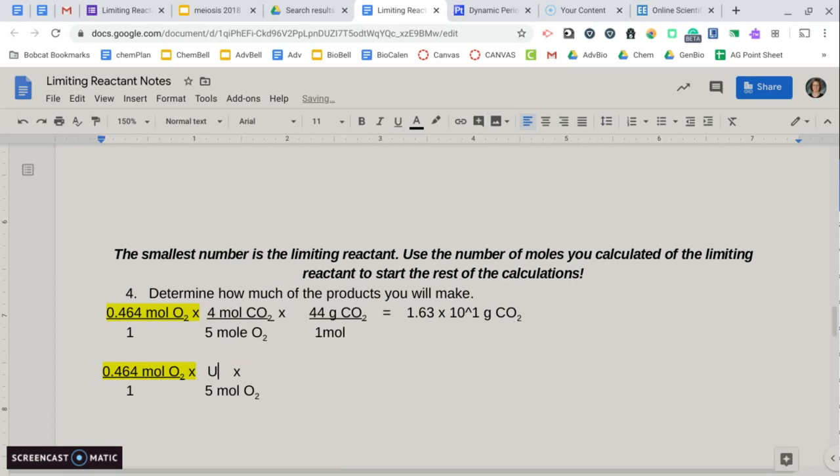Underline it. All right, and then change the moles to grams. So again, look at the periodic table, add it up.